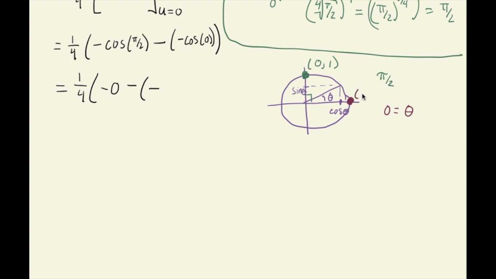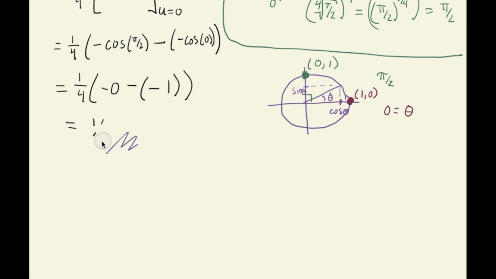This point has coordinates 1, 0. This is the unit circle, so the radius is 1. X-coordinate is 1, y-coordinate is 0. So if you want the cosine of this angle, it's the first coordinate. It's 1. Okay? So cosine of 0 is 1. All right, so this is 0 minus 1, which is 1 over 4. That's it for this integral.